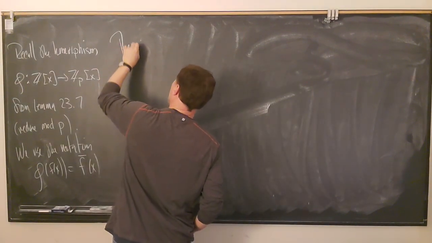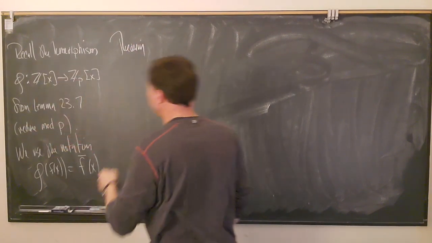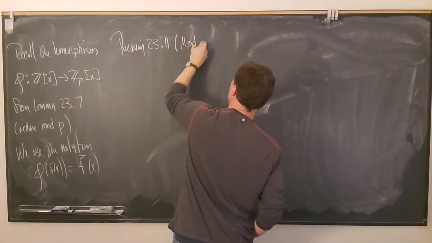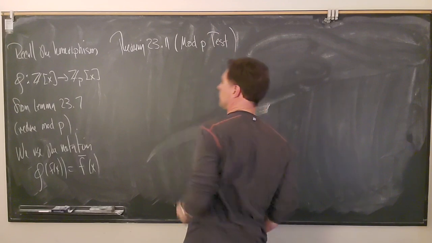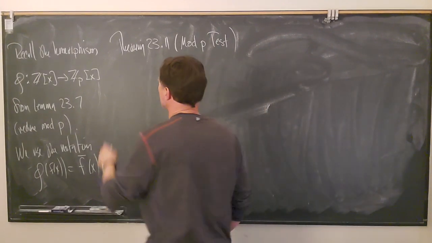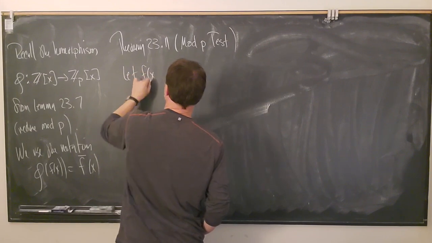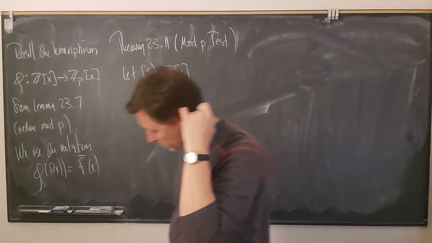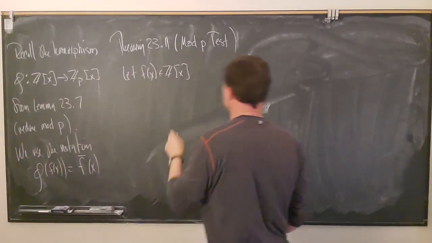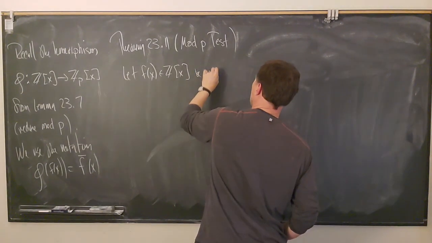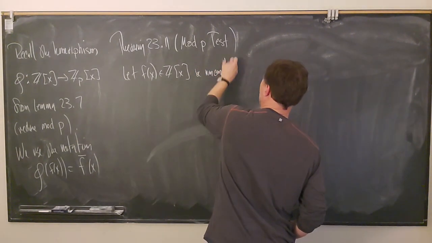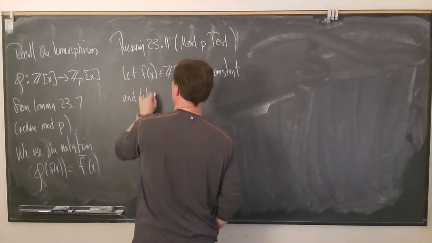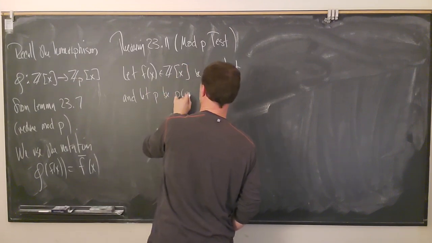So Theorem 23.11, this is called the mod p test. And so it goes like this. Let f of x be a polynomial with coefficients in the integers. It needs to be non-constant, so it's got to be degree 1 or greater, and let p be prime.